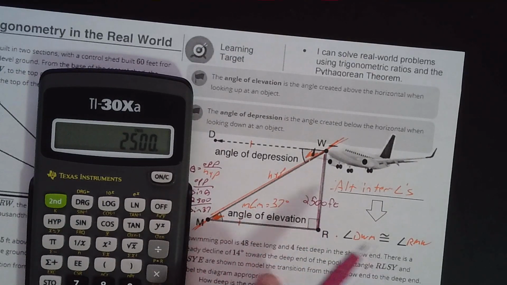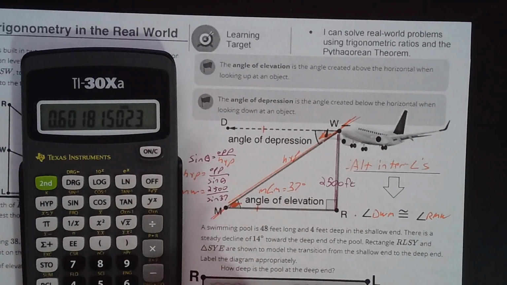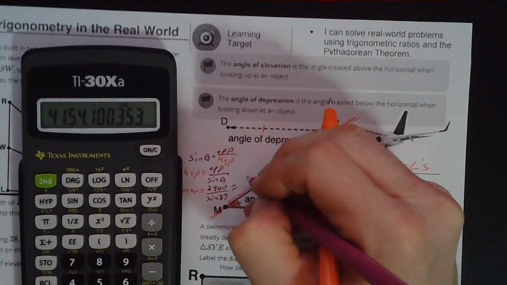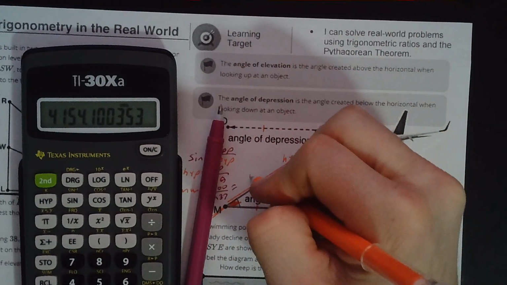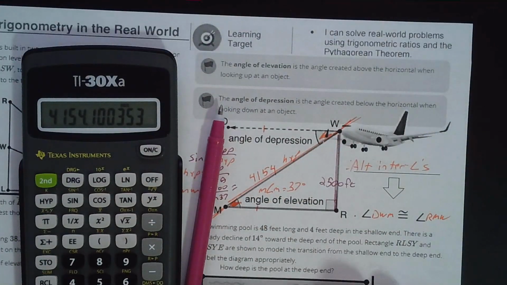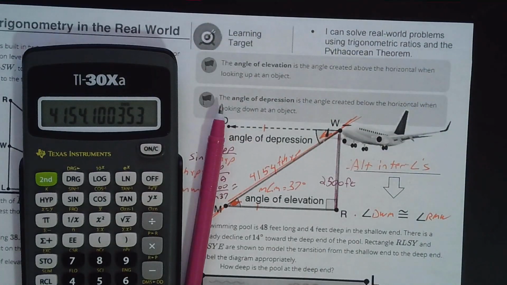That should be longer. So divided by sine 37 equals, yep, so that should be equal to 4154. Okay, so that's feet. So there you go, that's how you'd figure that out.